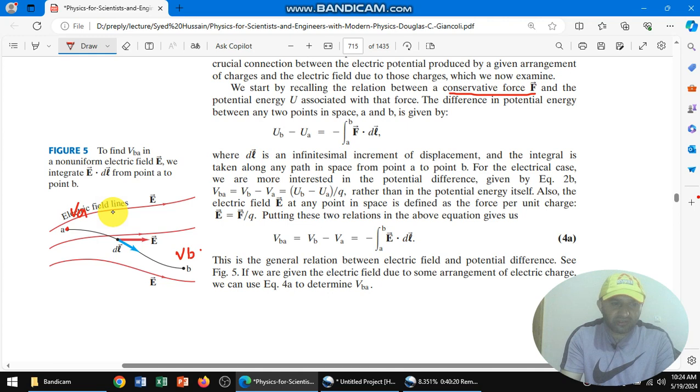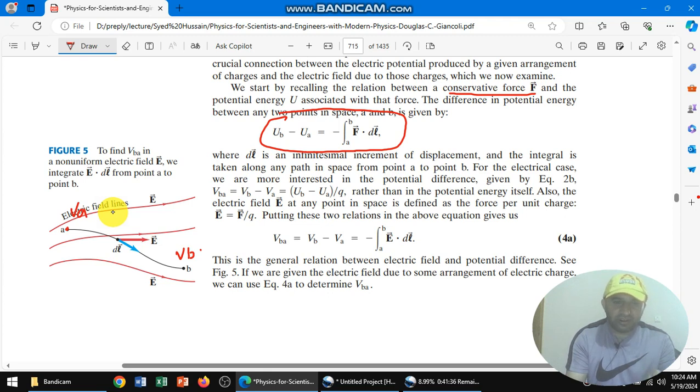When we move a charge from A to B, in order to find the potential energy U, we need the line integral of the conservative force, F dot dl.